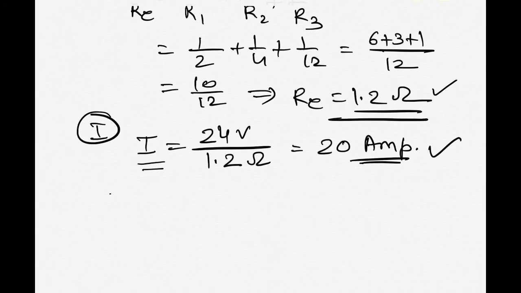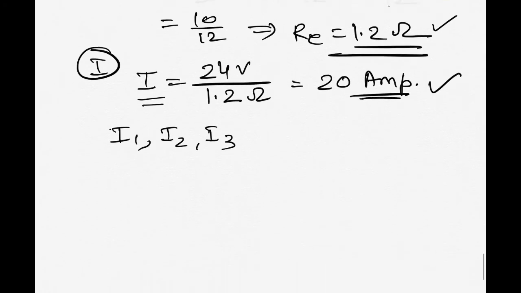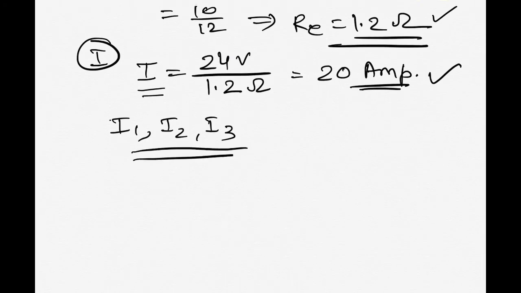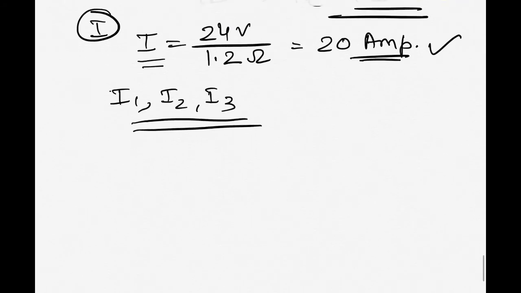The third thing is we have to find the individual currents I1, I2 and I3 in the individual resistors. For this, we consider these three resistors as single elements and apply Ohm's law. Let's take this as R1, so R1 is equal to 2 ohms and here the current is I1.